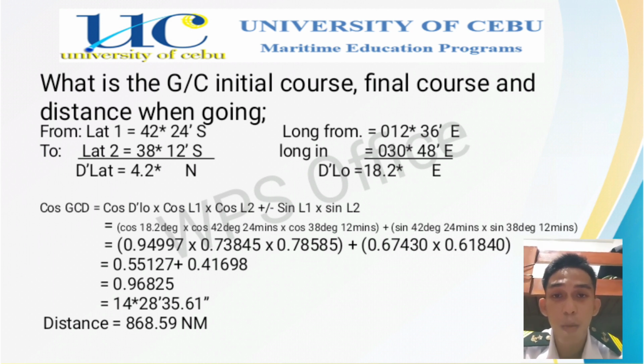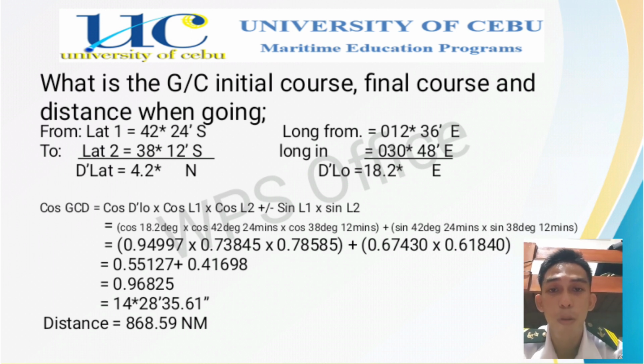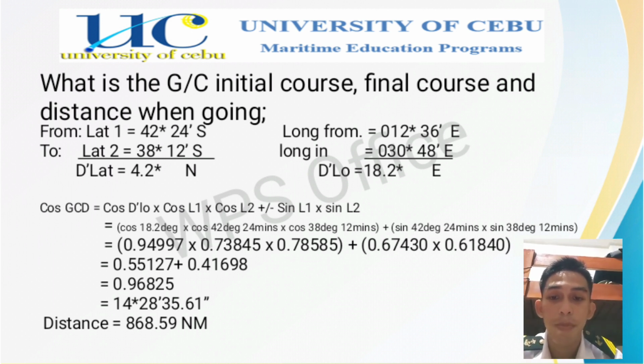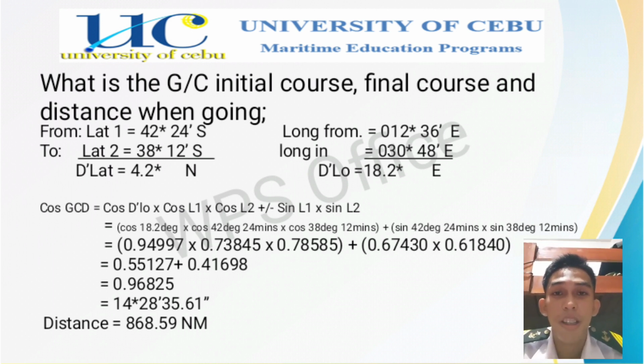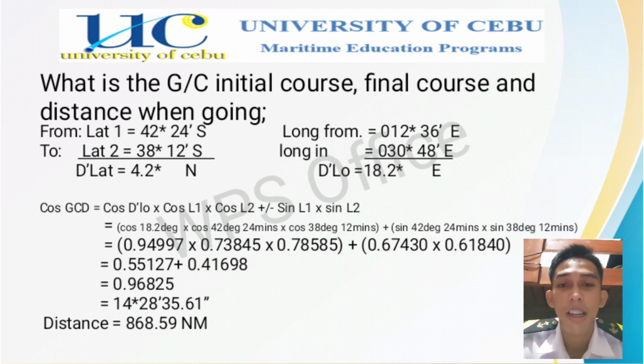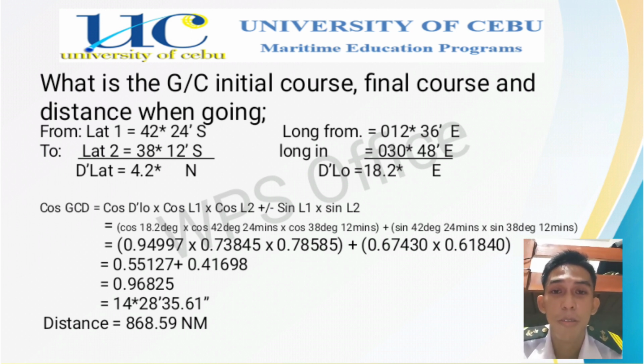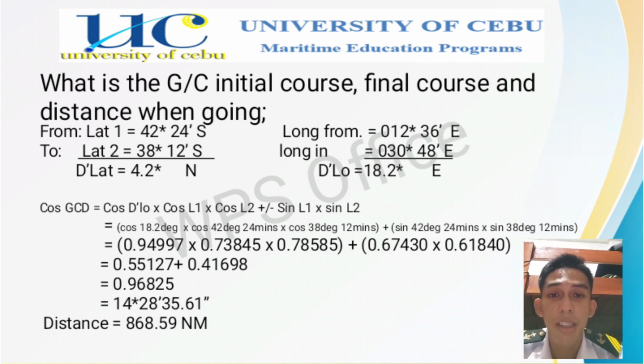So we're going to add 0.55127 plus 0.41698, and the result is 0.96825. Then we take the inverse cosine of 0.96825, and the result is 14 degrees 28 minutes 35.61 seconds.